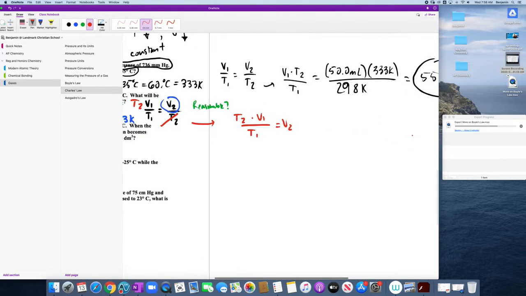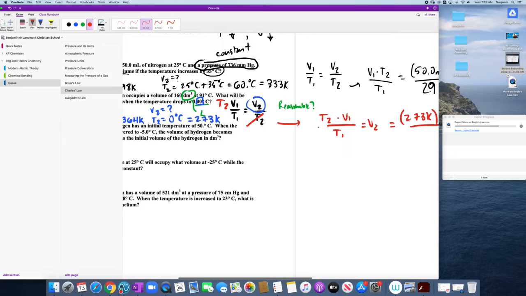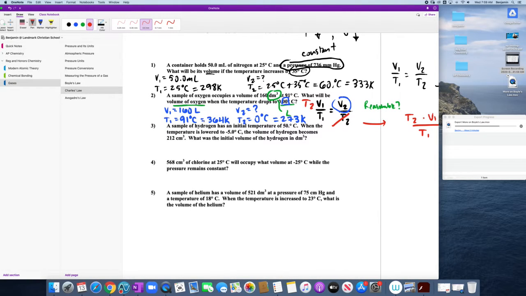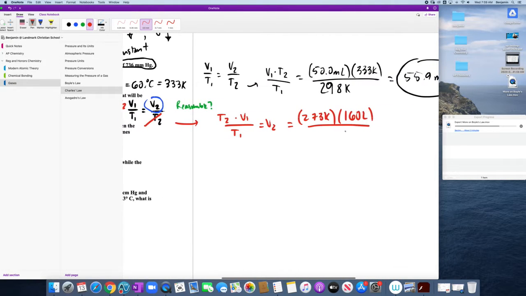Our final temperature was 273 Kelvin. The original volume is 160 liters, cubic decimeters, and the original temperature is 364 Kelvin. All right, the Kelvin unit divides out.